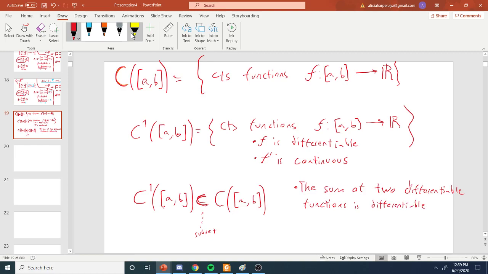So if I take two elements in the set, I add them together, I get another differentiable function. And the derivative of the sum is the sum of the derivatives.